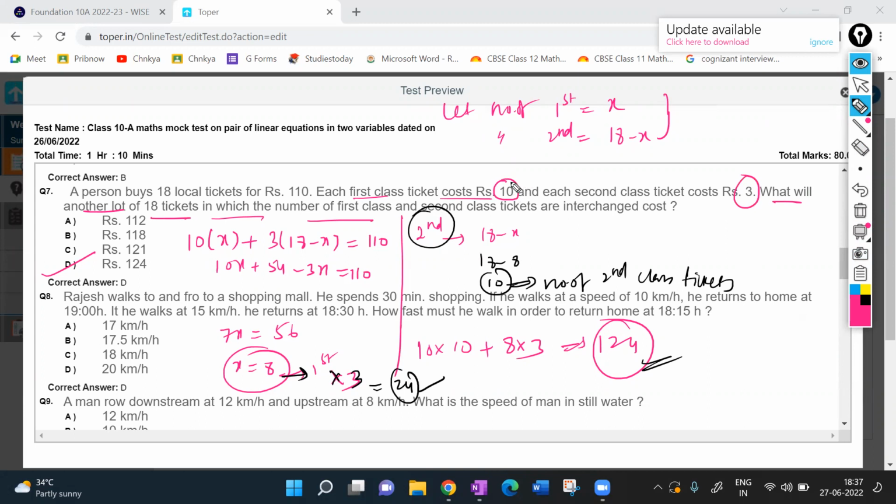If I interchange, if I take this 10 rupees for second class and 3 rupees for first class, then what is the total cost? That is his question. Understood my point now? If I interchange the ticket fare, the price would be 124. Any doubts? Guys, any doubts? No doubt, sir.